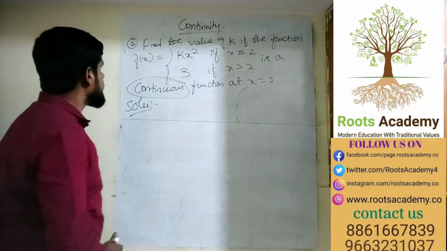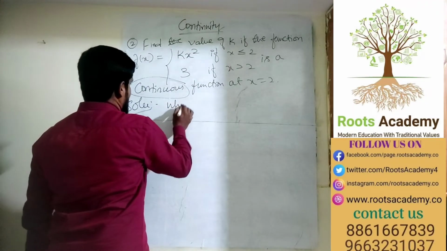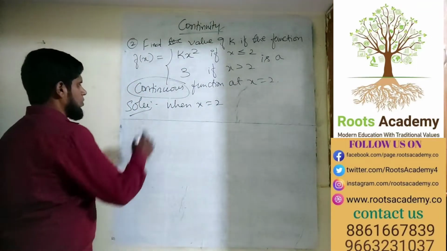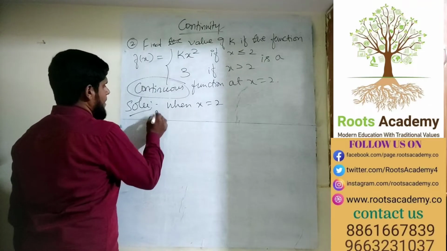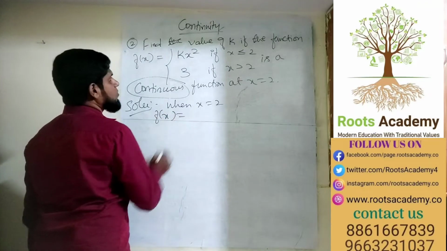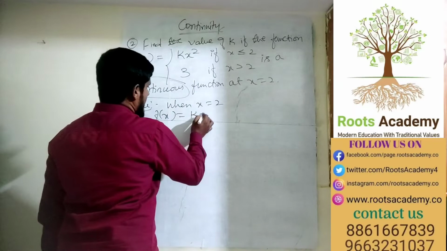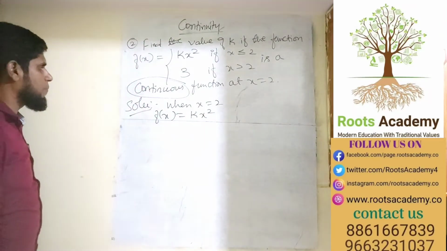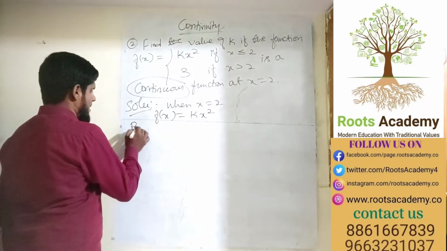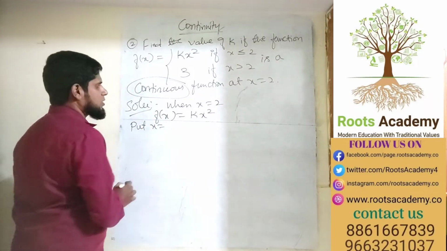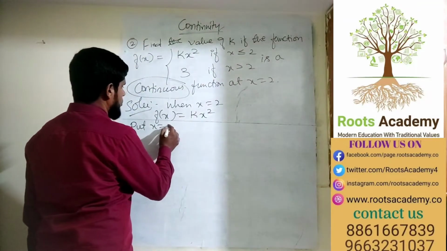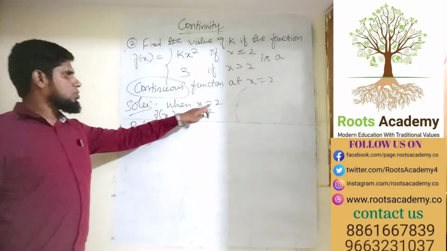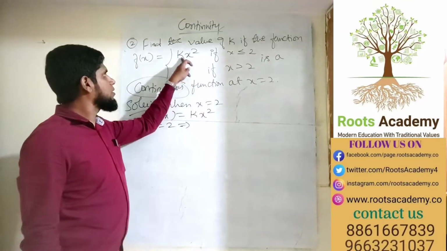Solution. When x is equal to 2, f of x is equal to kx square.